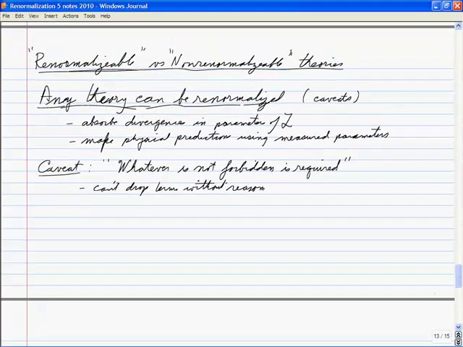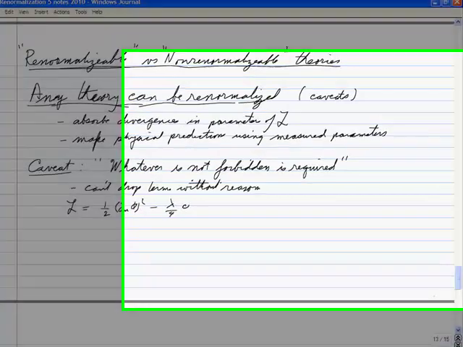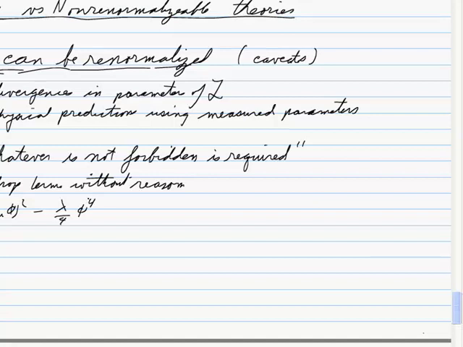Here's an example. Let me imagine I wanted to write out a Lagrangian 1/2 (d mu phi) squared minus lambda over 4 phi to the 4th, but no mass term. That's a no-no.